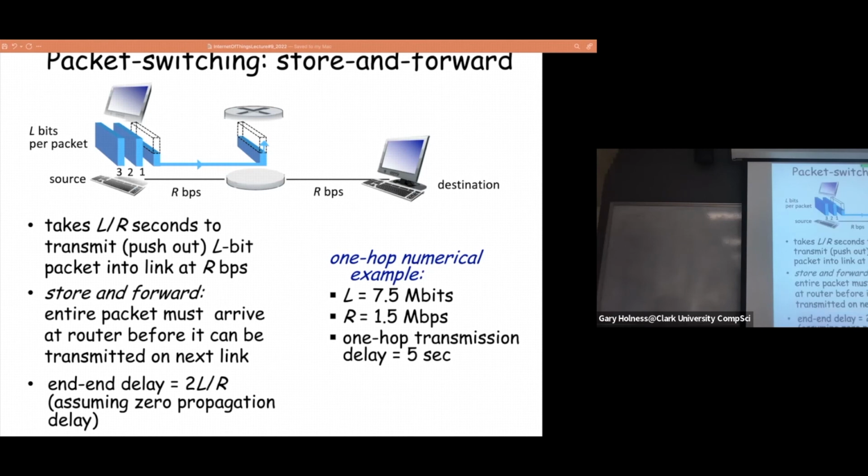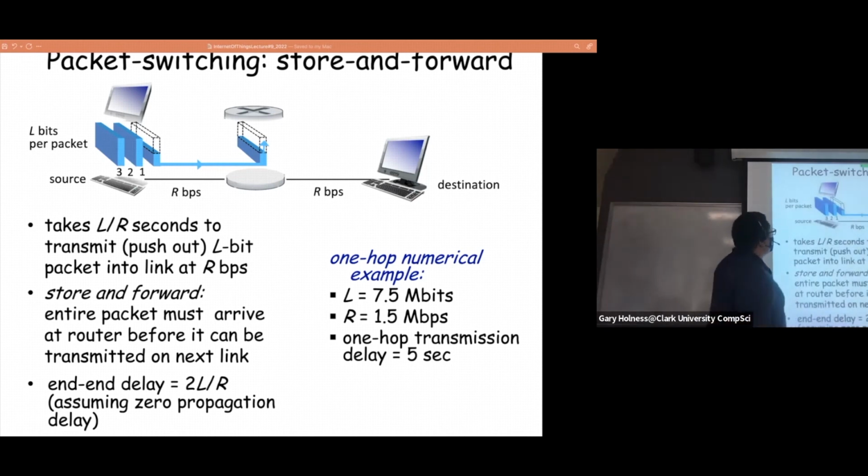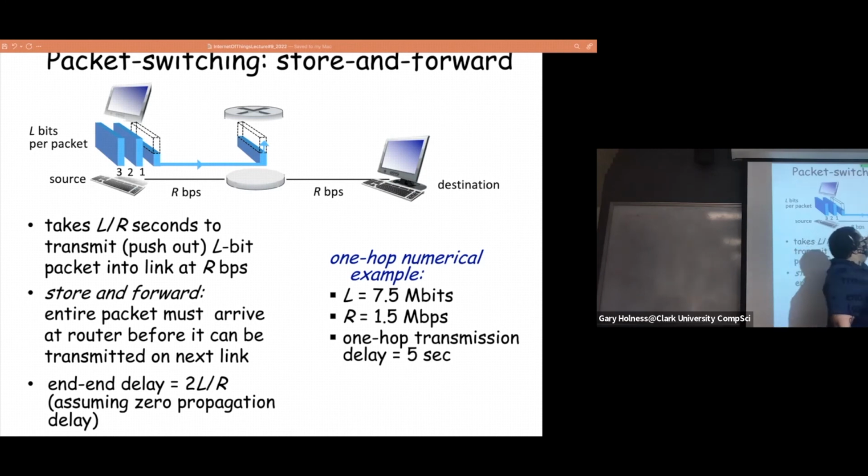And so when you forward these packets, we said a router stores and forwards packets, these chunks of data, from one network to another. So the full packet is sent one bit at a time to the router.